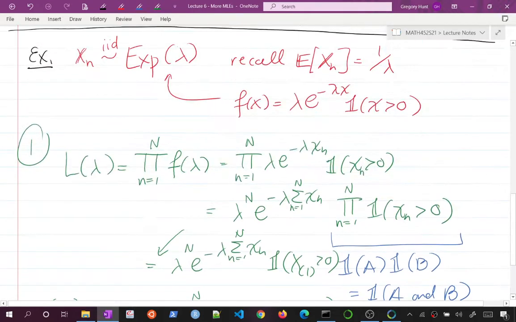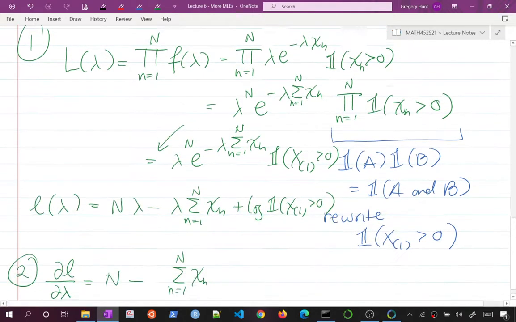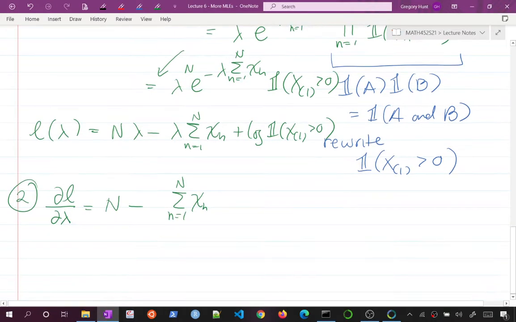So when the indicator comes from the support of the distribution, and the support doesn't depend on the unknown parameter, we don't really need to pay too close attention to it. That will be true of any exponential family. We've basically defined exponential families so that you cannot have the support of the distribution depend on the unknown parameter. And so in this case, it's pretty simple.